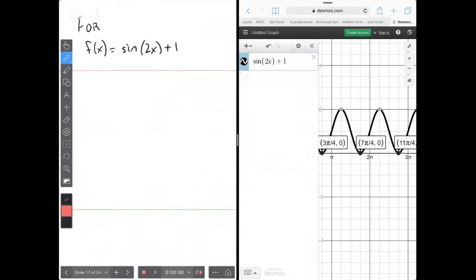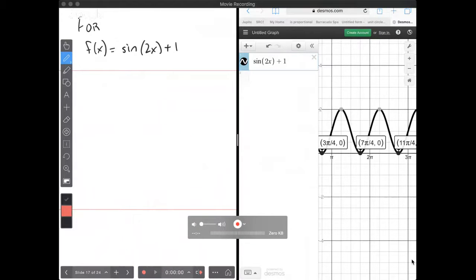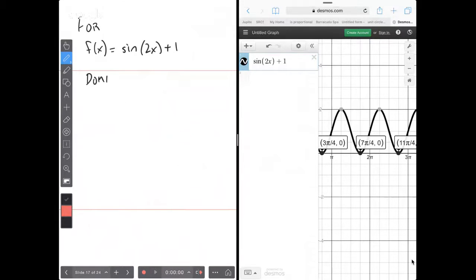Let's first do domain and range. Domain, all real numbers. Range, looks like 0 to 2.